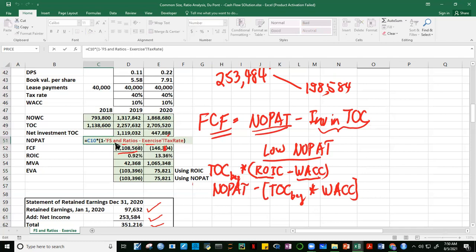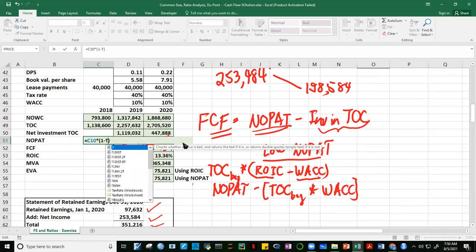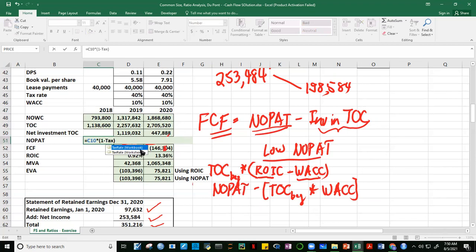You notice this FS and ratios exercise, it means that's the worksheet. Okay, exclamation point, then tax rate. Yung unang part dito, that's the worksheet. Okay, that's what happens when I type 1 minus tax, tax rate. So meron ditong tax rate for the workbook at saka may tax rate for the worksheet. Okay, I will not explain guys kung anong difference lang. Pero yung workbook, ibig sabihin yan, ginamit na natin yung pangalan na tax rate.